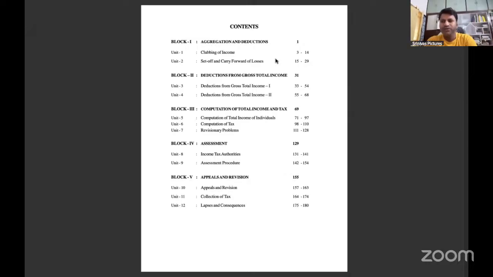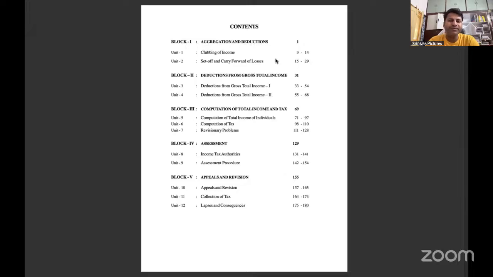When there is more than one business, say one business has a loss and the other 2 have profits, we can set off the loss within the same head, and the remaining income we show in the total income.